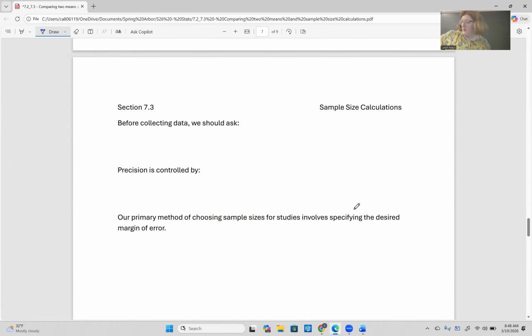Before collecting data, we need to be checking. We should be asking how big of a sample do we need to collect to get the precision we need, of how much of a margin of error we want.